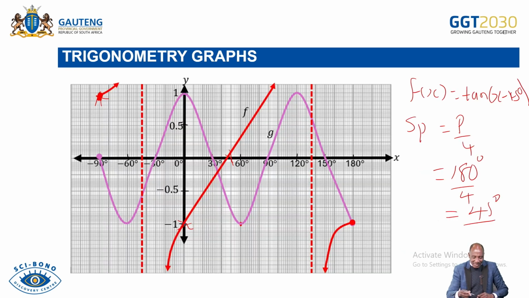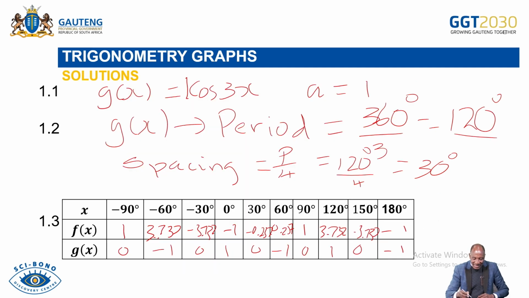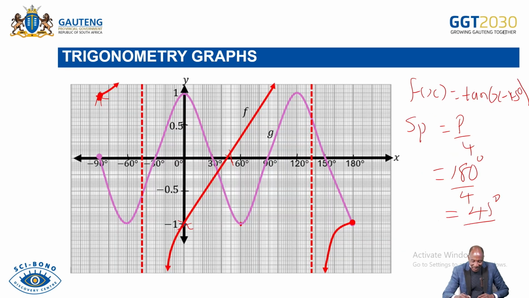So we're going to estimate that when x is negative 60, y is going to be 3.73, which is further up the axis. When x is 60 degrees, our corresponding y value is going to be 0.25, meaning when we are somewhere up here at 60, this is our 0.25 there.